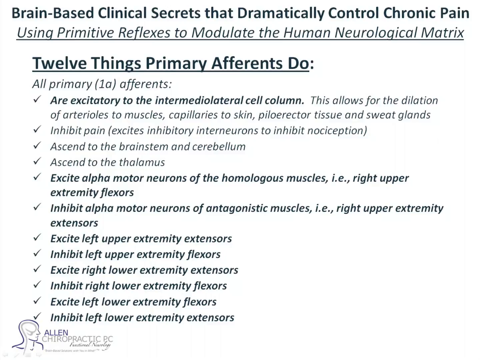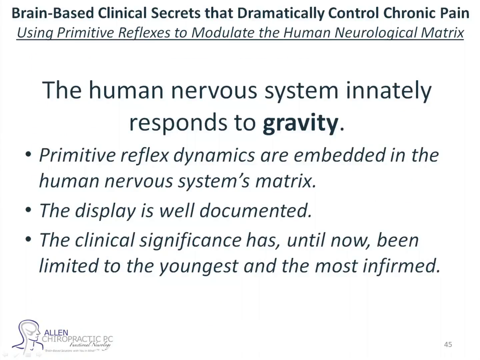Then these signals must ascend to the brainstem and cerebellum, as well as to the thalamus. These 4 things are all important, but the next 8 are pre-programmed, they're indisputable, and they lead to reciprocity, which is the way that the nervous system, the cortex, and cerebellum appreciate receiving input. The reciprocity is the key.